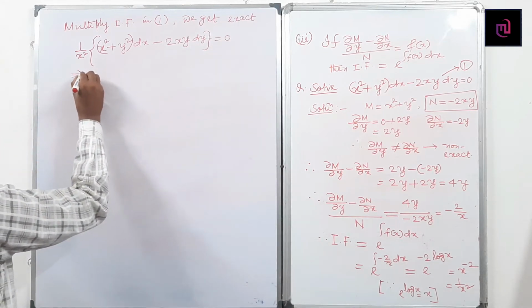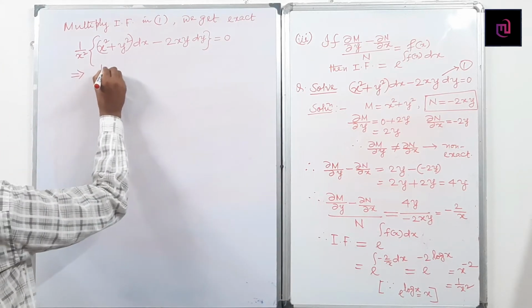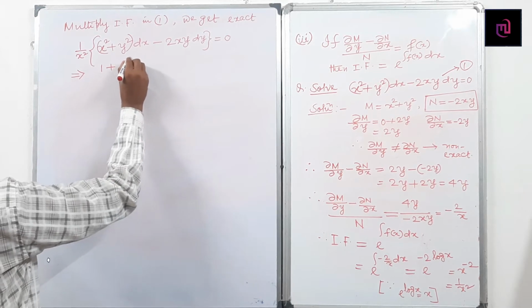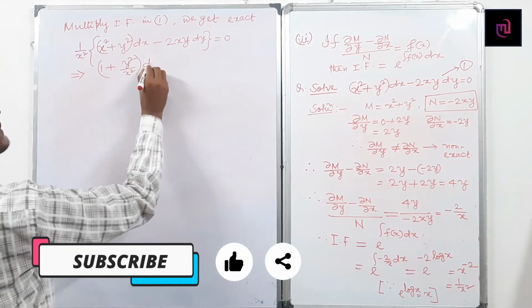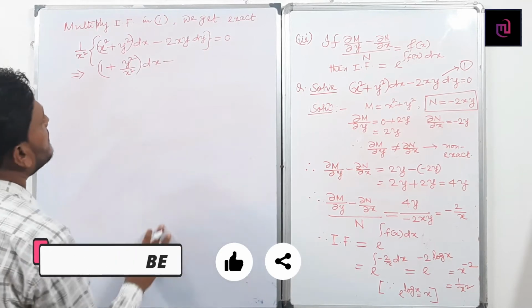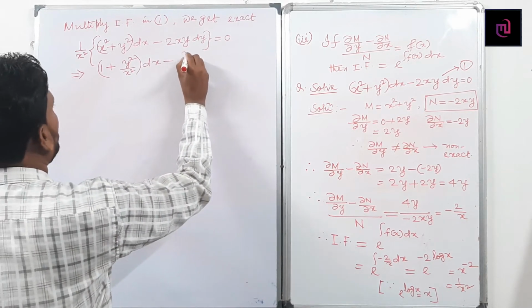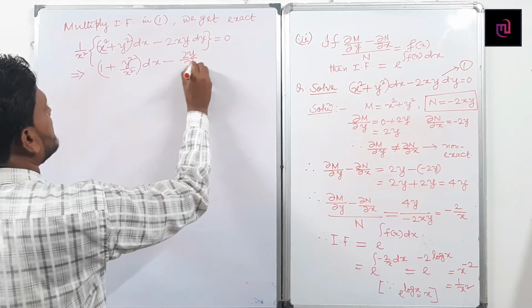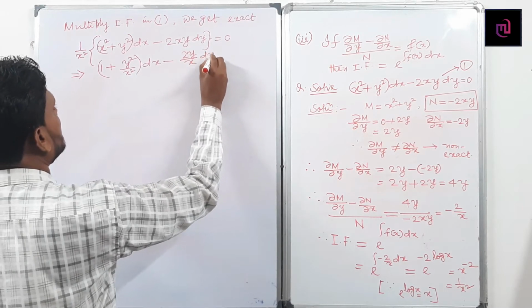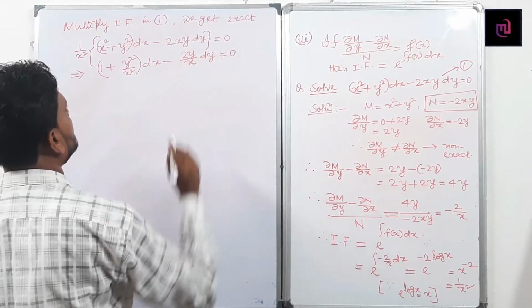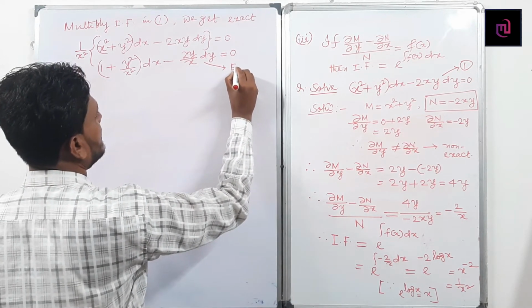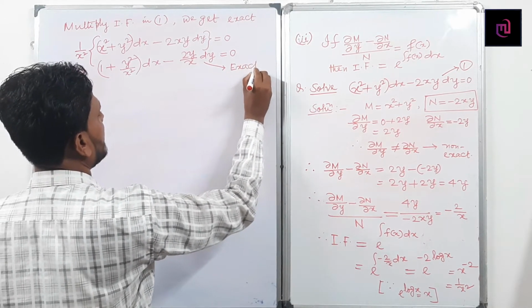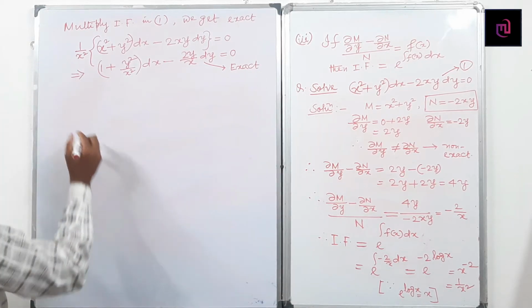So multiply this. It becomes (1 plus y square by x square) dx minus (2y divided by x) dy equals 0. So this is exact. Can you say this is exact? If it is exact, we can directly write the solution.